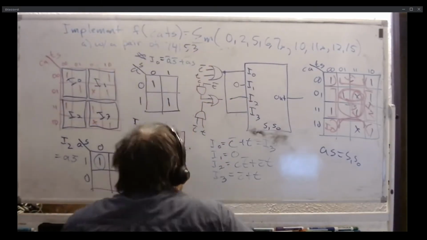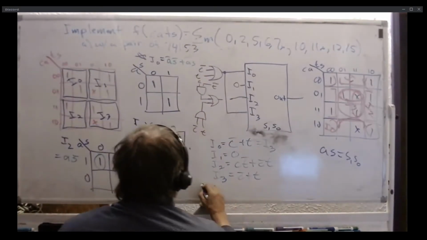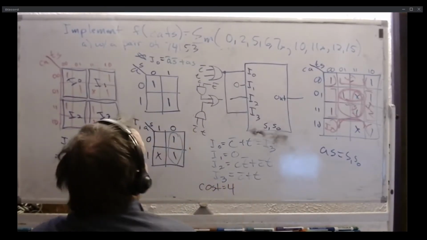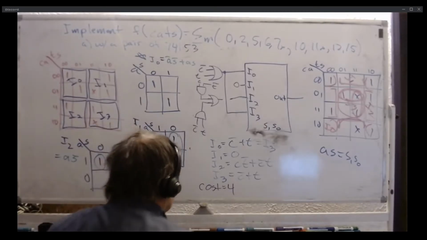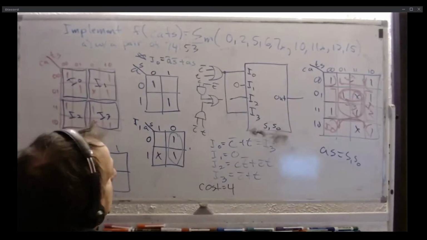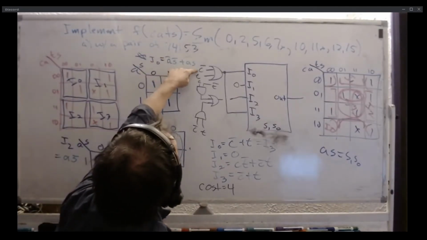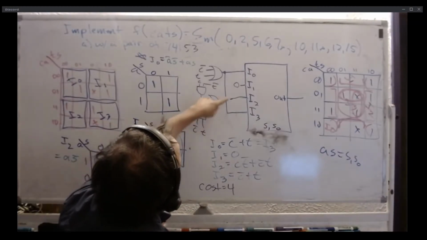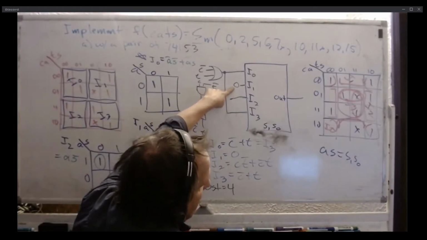What's the cost? I'll spot you the 4 because we still have 4 mux inputs, no matter what. How many literals? Well, 1, 2, 3, 4, 5, 6. This does not count because it's not a literal.